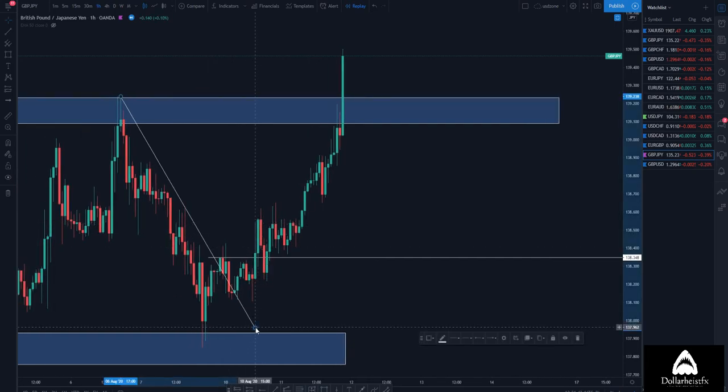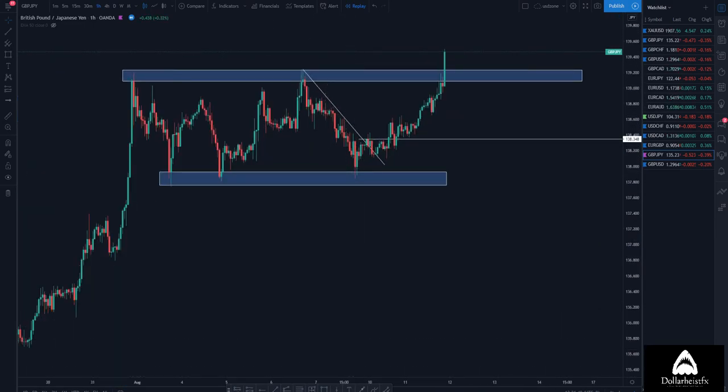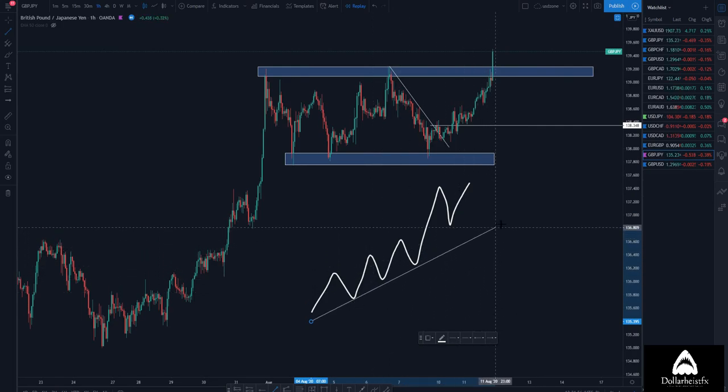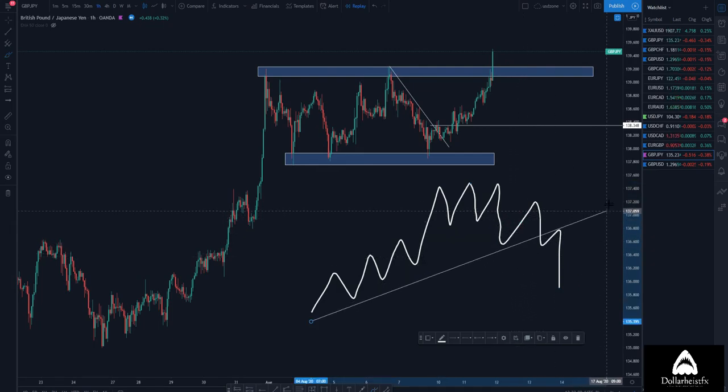I can't draw this trend line like this. I have to draw it like this, high low, right? You have to draw like this. But the moment the market starts to do some kind of reversal like this, and then it shoots down like this, you cannot draw it like this.